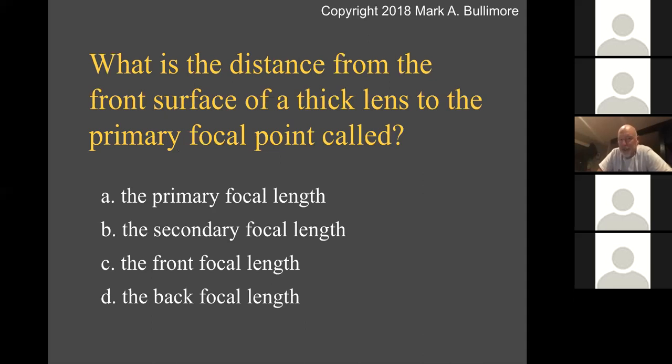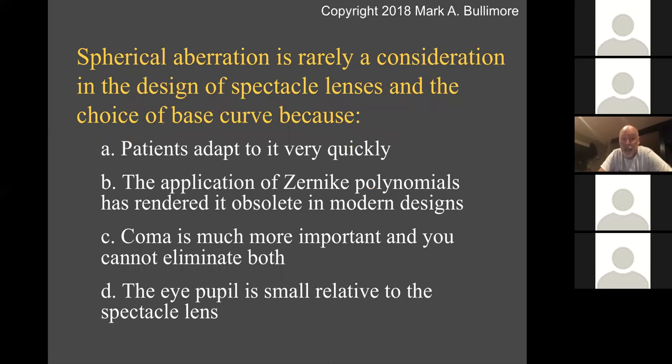They're measured, of course, from the relevant principal planes. So here, the distance from the front of a lens to the primary focal point is the front focal length. So full marks to Joseph for getting that one right. Of course, it's the reciprocal of the front vertex power. So think about that.